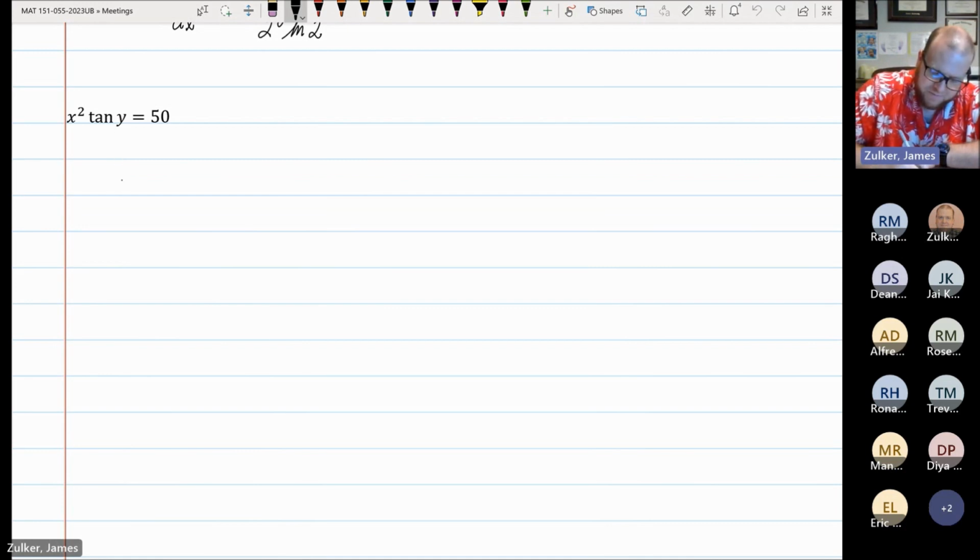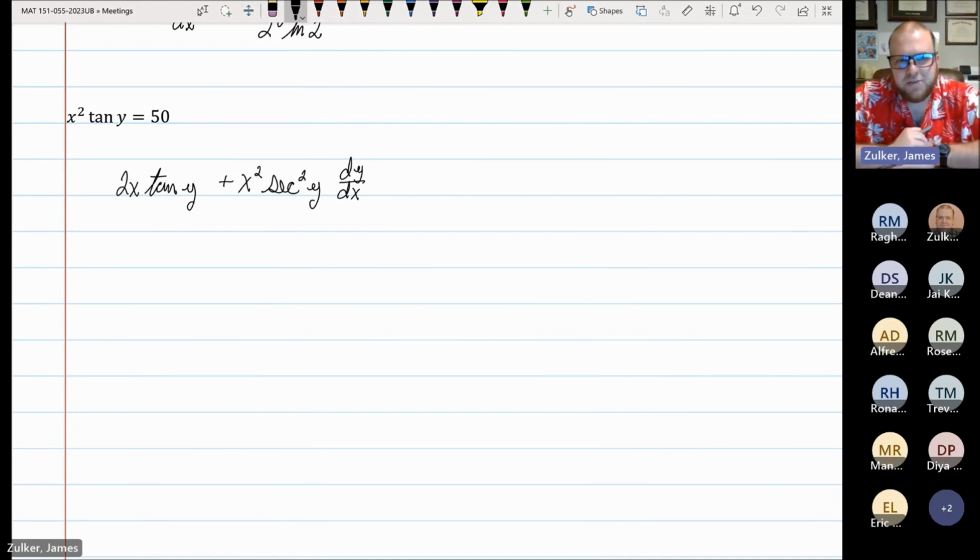Second function times the derivative of the first function plus the first function times the derivative of the second function.